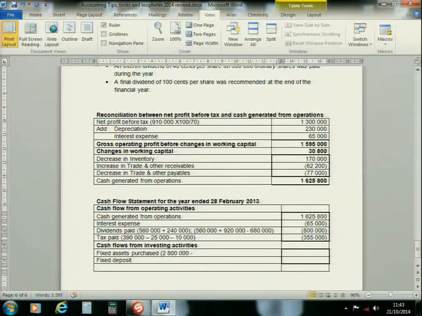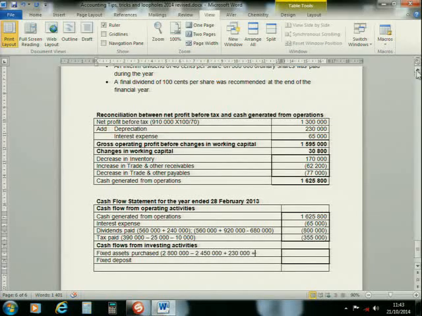minus opening balance, 2.450, plus depreciation plus disposals. Your depreciation is 230. Plus your disposals.